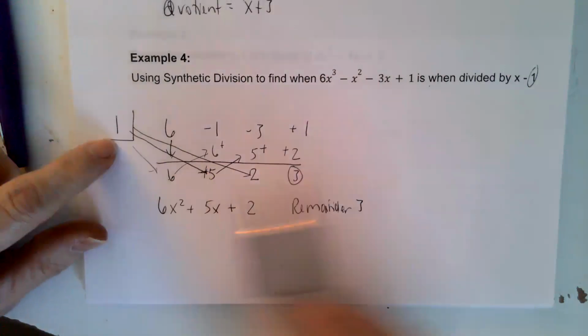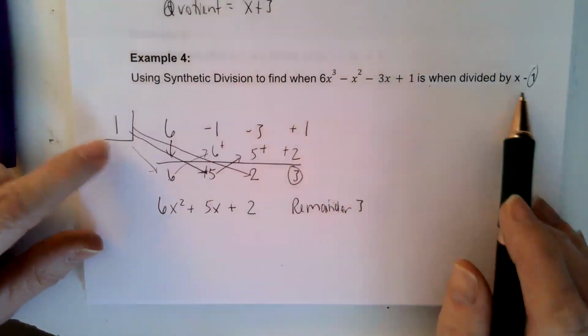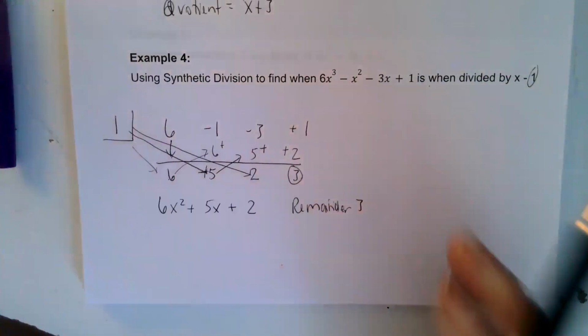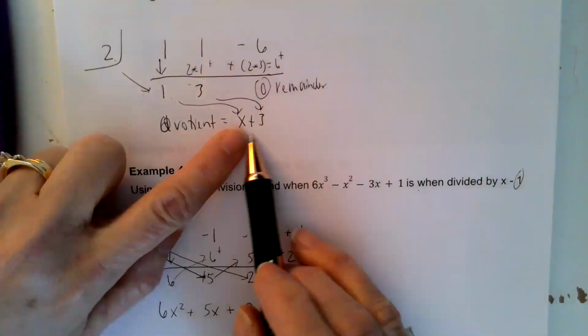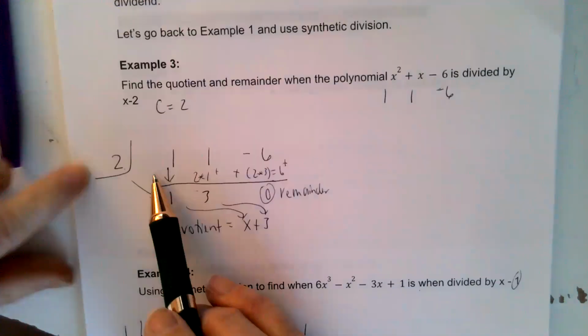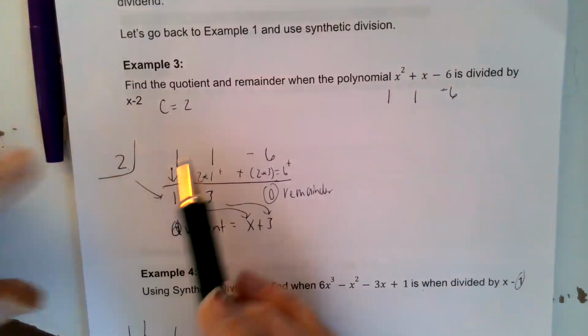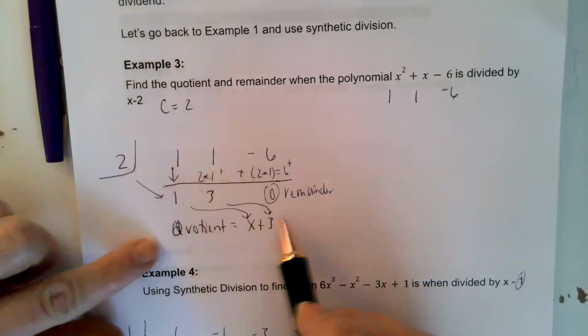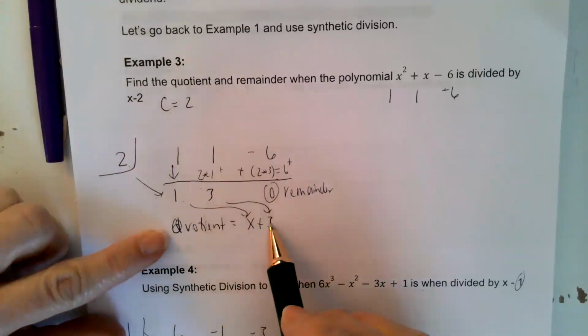So x minus 1 is not an even factor of this polynomial, or else the remainder would be 0. Up here, x minus 2, right? Or 2 itself is a 0, an x-intercept, because it was an even factor of x plus 3.